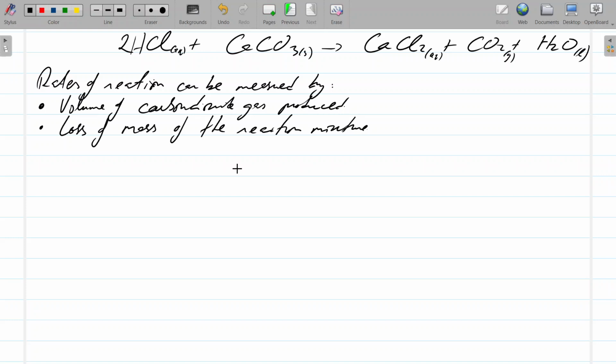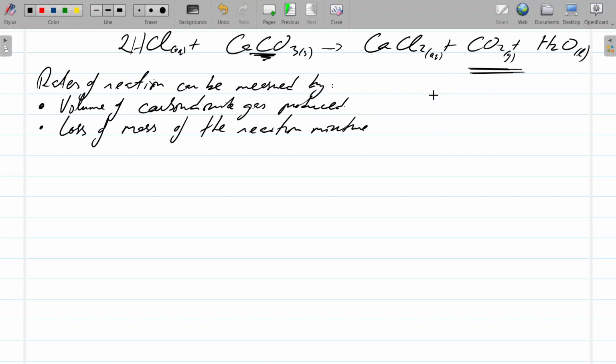I don't know. Because of the carbon dioxide gas, maybe. It is a gas, it is going off. It is being released, it's not going to stick around. This carbon dioxide gas is coming from here, isn't it? So there's a loss in mass, this gas is escaping.